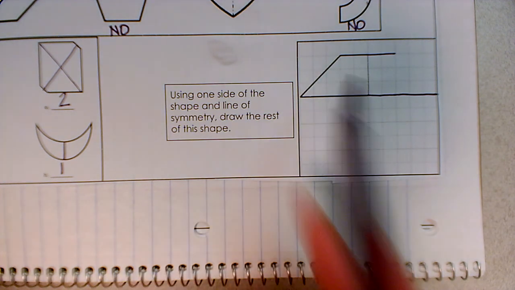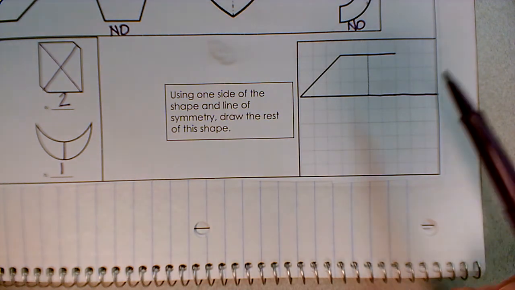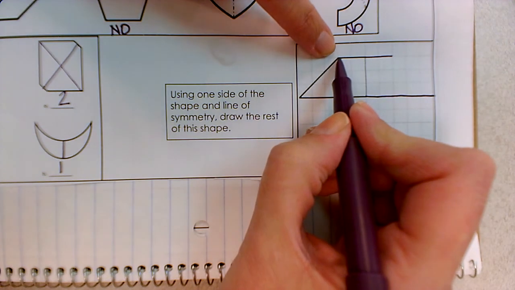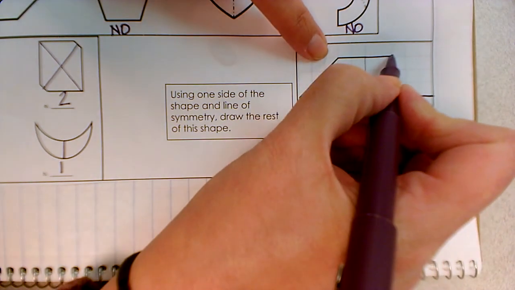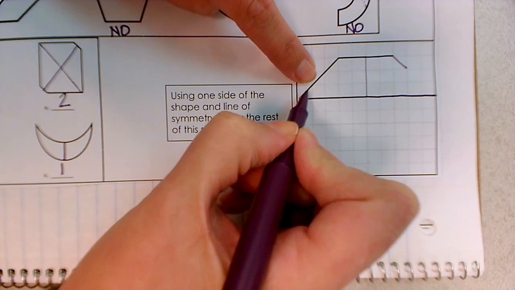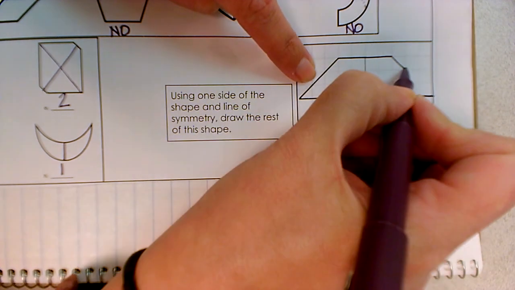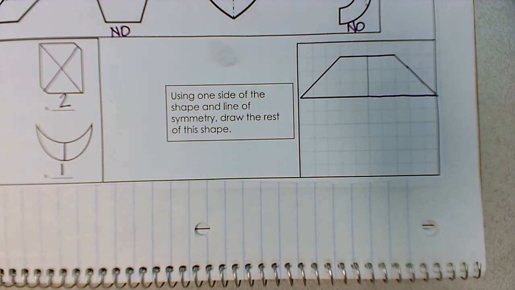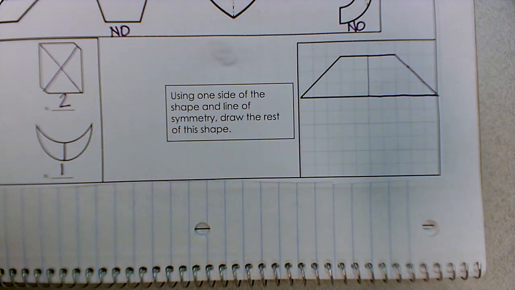Now this one's a little bit tricky because this line is a diagonal. And so I'm going to look, and coming off of the end of my shape, I have 1 square diagonal. So I'm going to go 1 diagonal square. I have another diagonal and 1 more. So I had 2 more diagonal in those squares. And now my shape is perfectly symmetrical or equal on both sides.